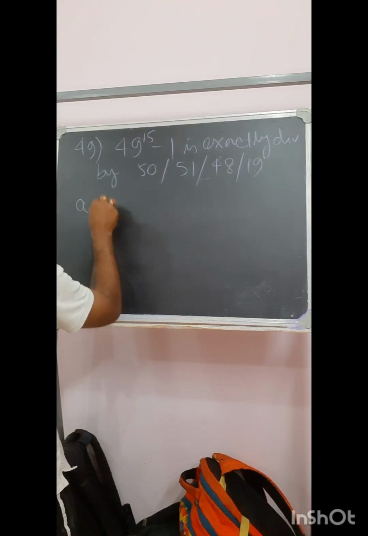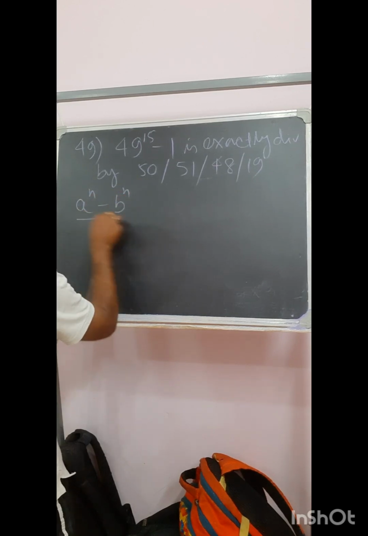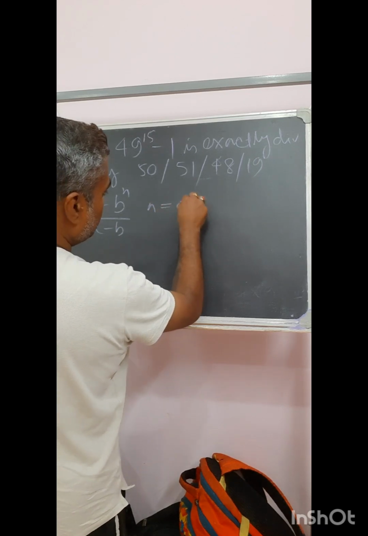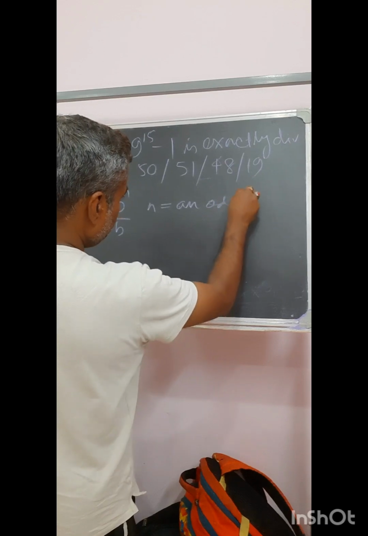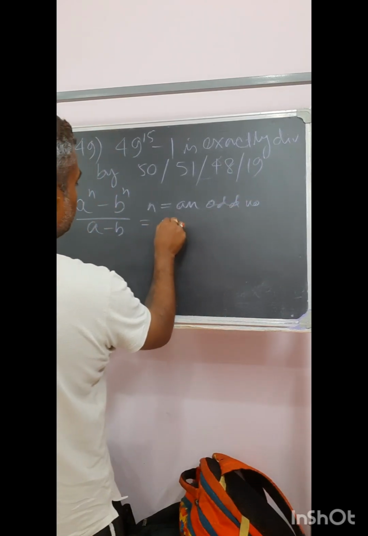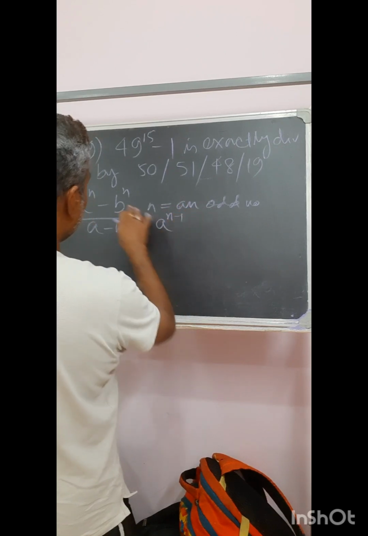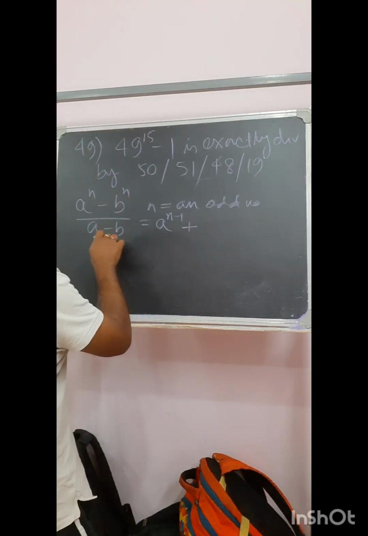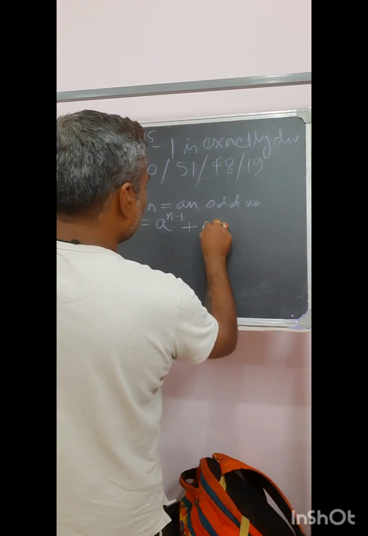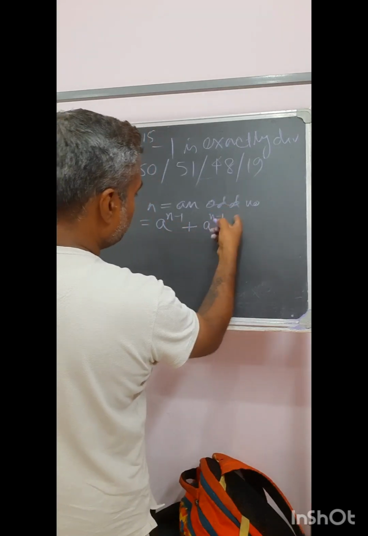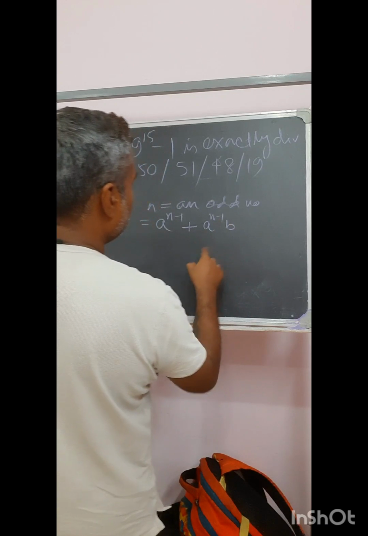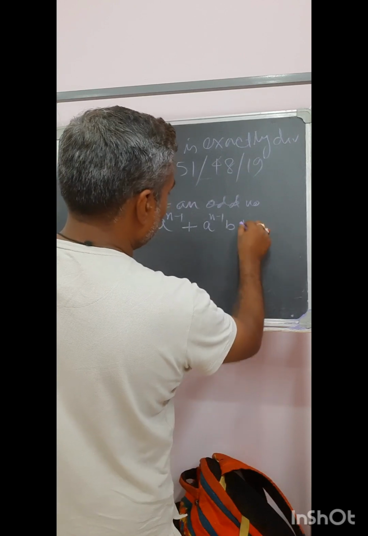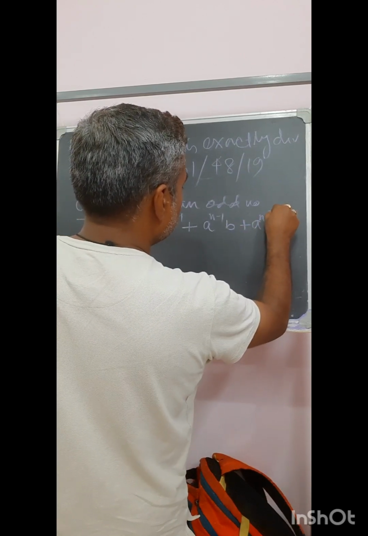You can say any number a to the power n minus b to the power n, divided by a minus b, where n is an odd number. In this case, this formula can be written starting from the highest power, a to the power n minus 1. From there I will start, and since both are negative, all terms will be added as positive. One term of a will reduce each time, and b will come in, with its power increasing by one term each time.